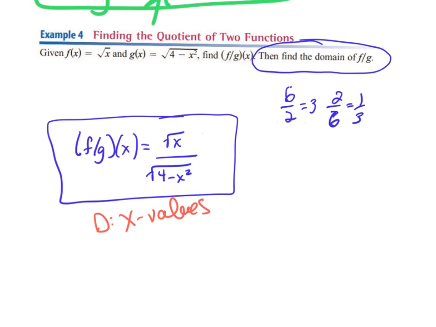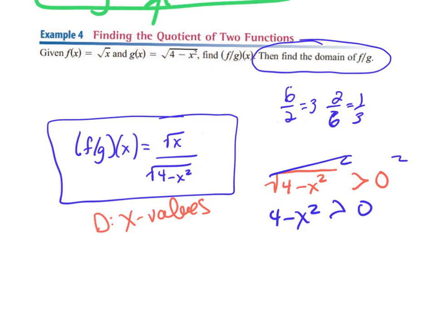So you guys have been taught algebraically to say, okay, 4 minus x squared, since it's under a radical, has to be greater than or equal to 0 generally. But since it's a denominator, it just has to be greater than. It can't be equal to. So you would solve this, and you would square both sides. And you'd have 4 minus x squared greater than 0, right?